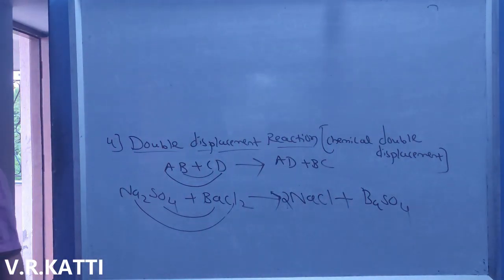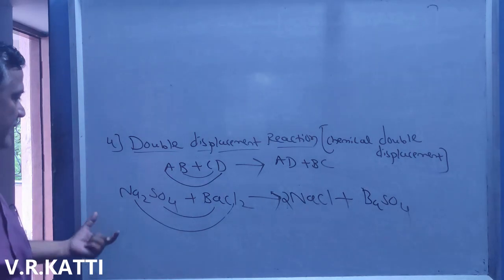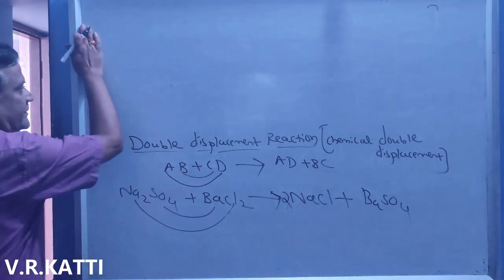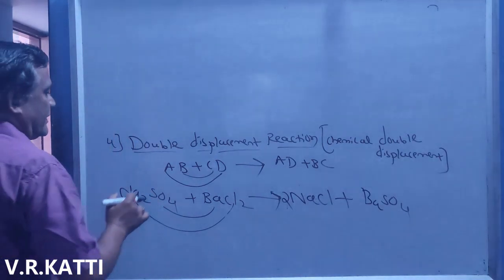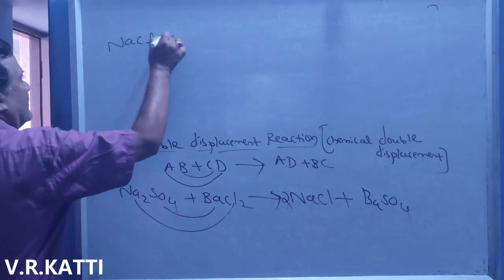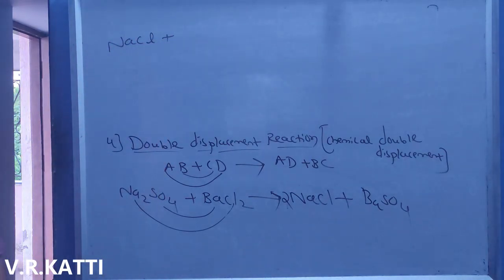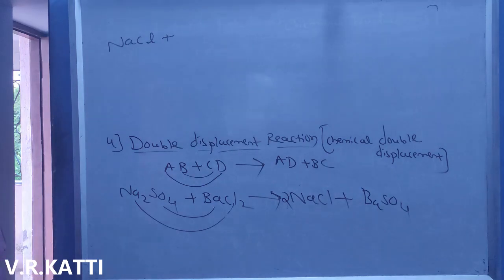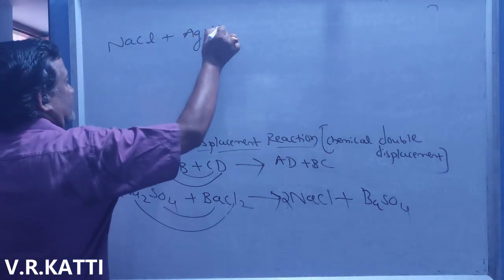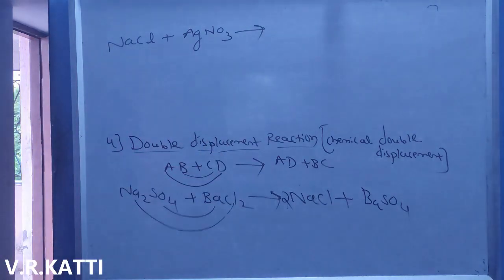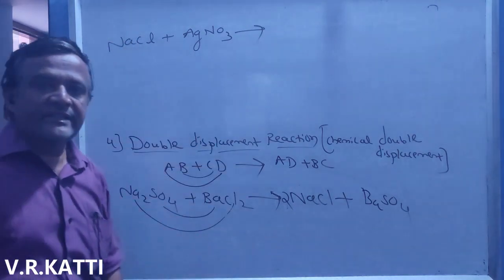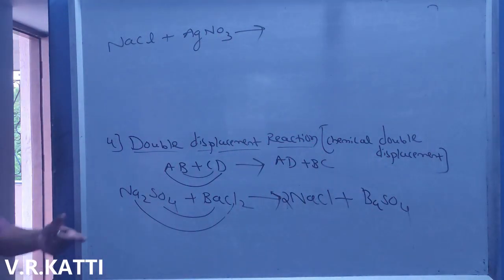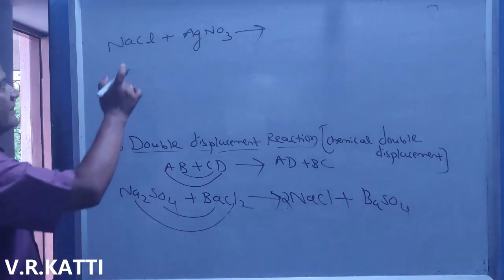Now, example 2. Let us take a second example. Sodium chloride NaCl plus silver nitrate. So here again exchange of ions.